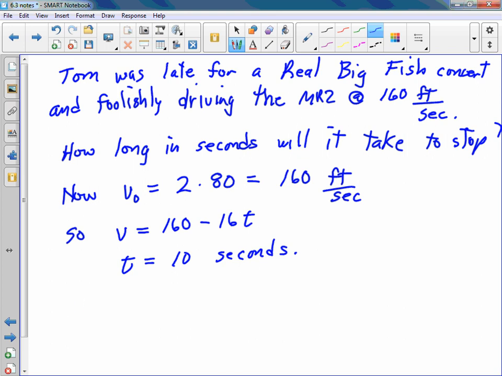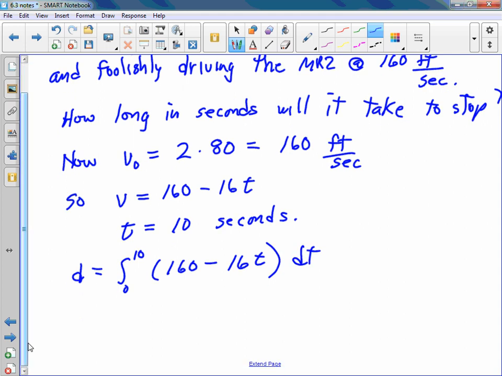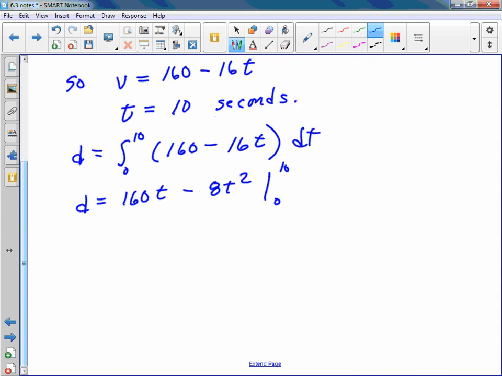We shall see. The distance equals, once again, the integral from 0 to 10 of 160 minus 16t dt. So that distance equals 160t minus 8t squared, evaluated from 0 to 10.